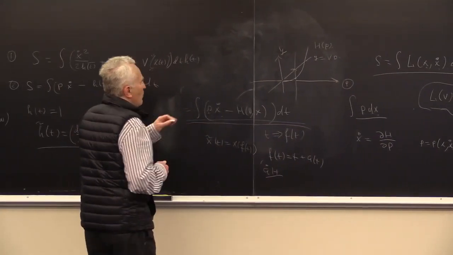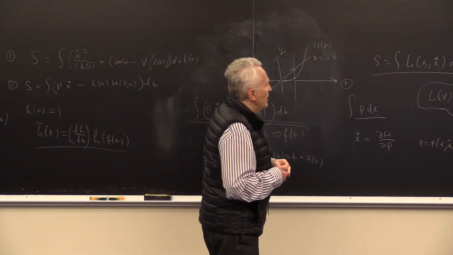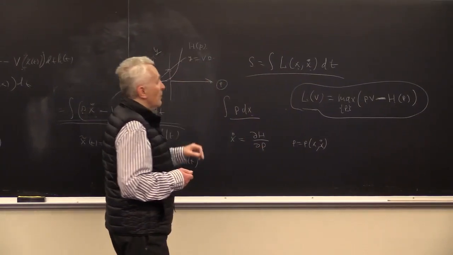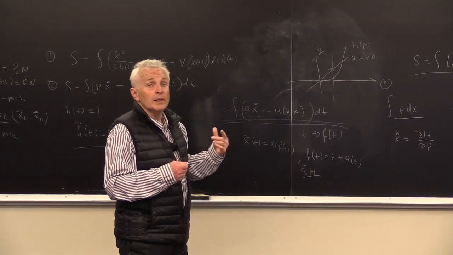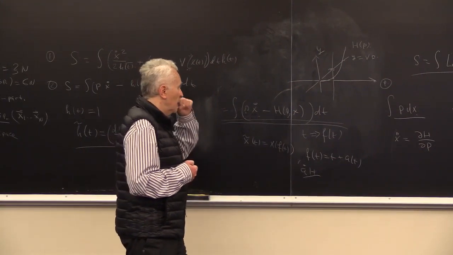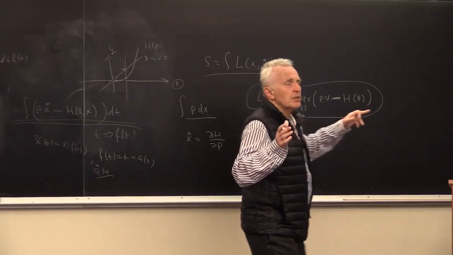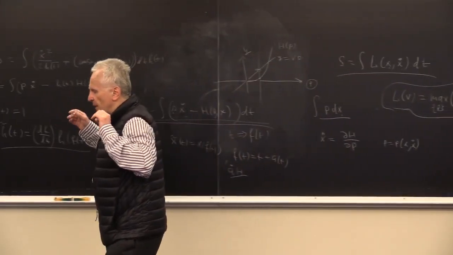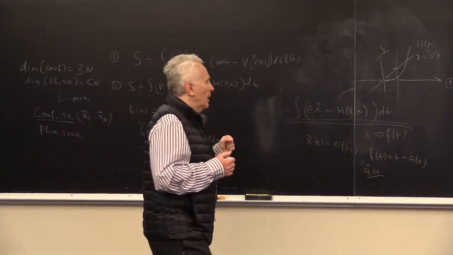For us, it's just important that the Lagrange function, there is one condition which you immediately see from this and from the picture, that if we want a one-to-one correspondence between Lagrangian and Hamiltonian. So the message to remember is that the Lagrangian and Hamiltonian are related by the Legendre transformation.